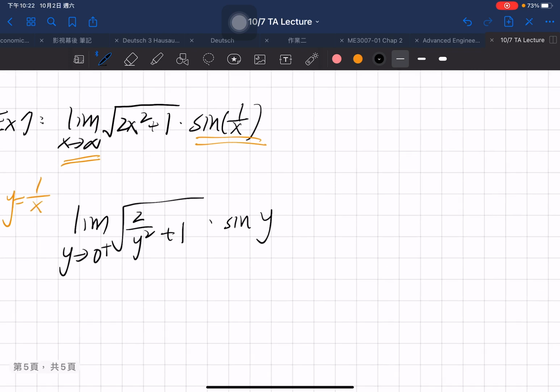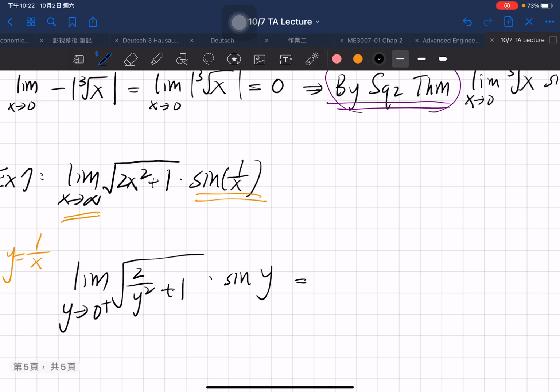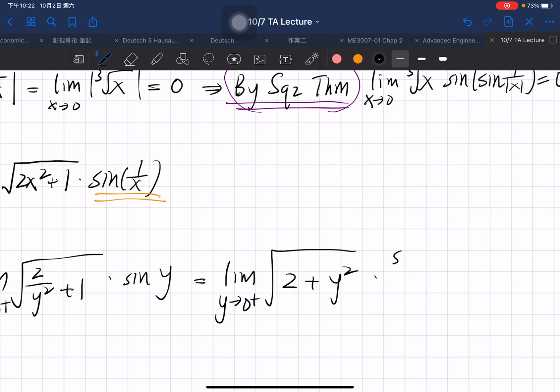Okay, so you want to make a sine y over y, right? So you take your y out. 2 plus y squared, times sine y over y.